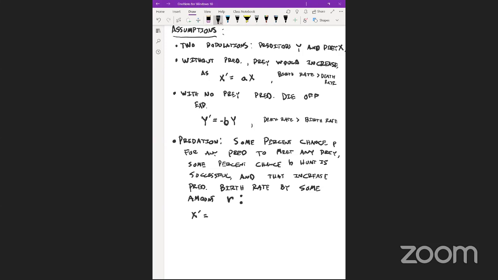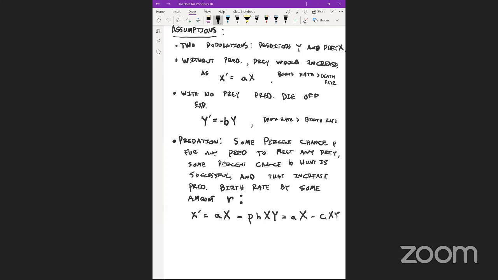X prime is going to be some background growth rate, and then we have some chance that any member of the population meets another, so any prey member meets a predator, times some chance that they are successfully hunted, times the number of prey times the number of predators. We're just going to pull these variables in and call this minus C1 XY.